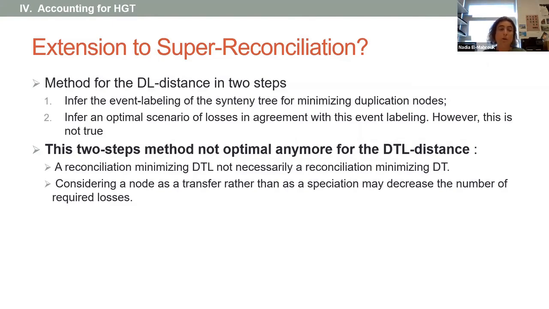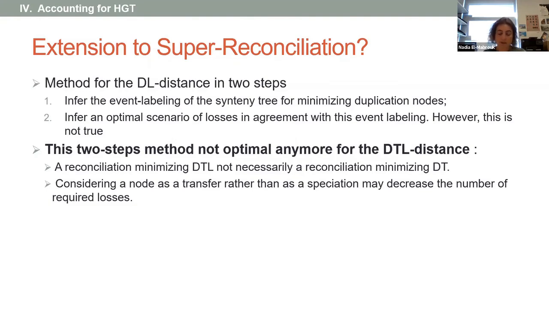If you remember well, our method was running in two steps. First infer the event labeling of the synteny tree, and then infer the ancestral syntenies and blocks that are lost, etc. But this two-step methodology is not exact anymore for the DTL distance.